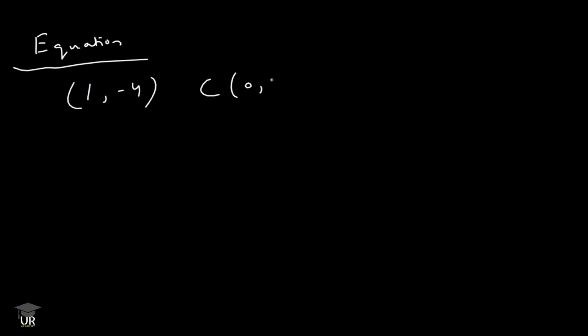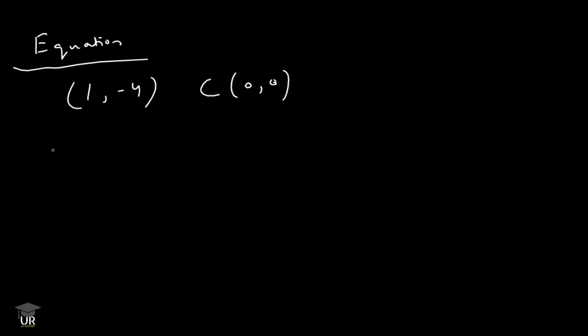Okay, so let's say in this question, again I need to find the equation. Here I also want to find the equation, and let's say a point is given on a circle that is 1, minus 4. This is a point given on the circle, and the center of the circle is again the origin. Right now in every question we are taking center as the origin.